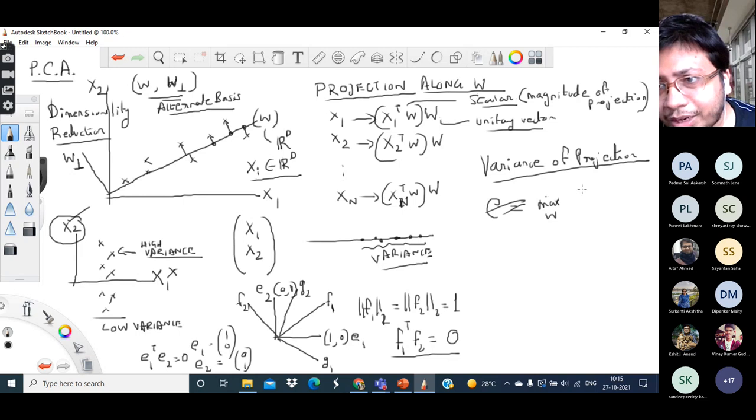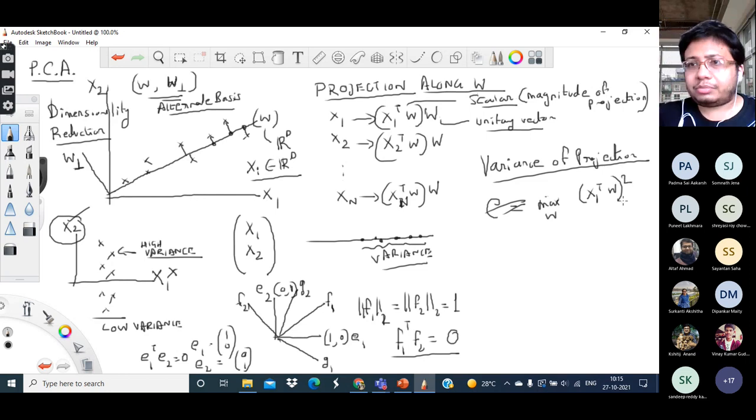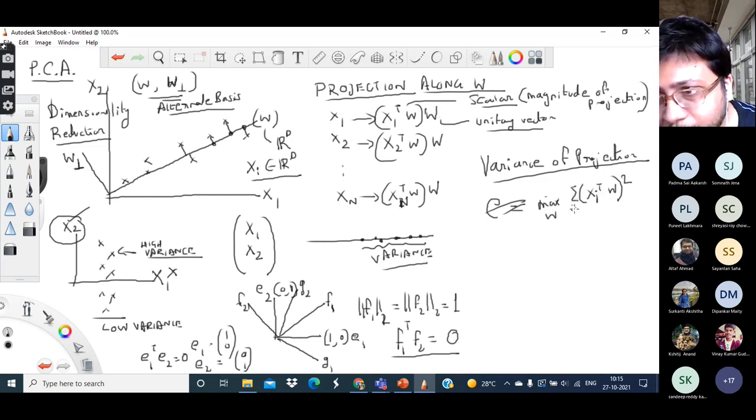So it was somewhat like this. We had assumed that the data is centered, that is to say this quantity, the mean, is equal to 0.